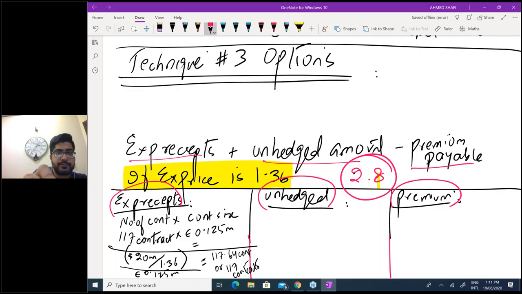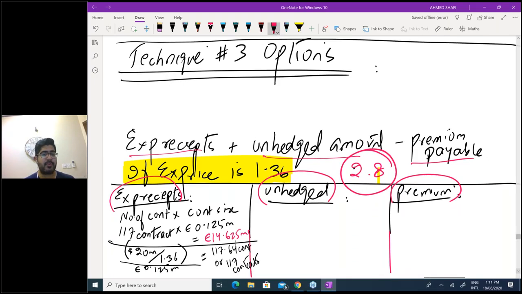This comes to 14.625 million euros. The formula for number of contracts is expected receipts over exercise price divided by contract size, 117.64. I took the downside, 117, so number of contracts is 117 into contract size 0.125 million euros, 14.625.